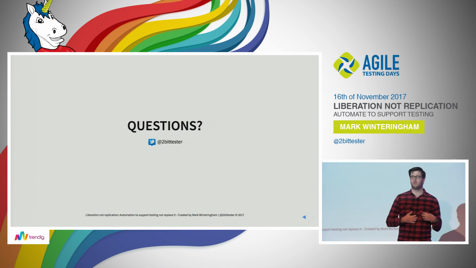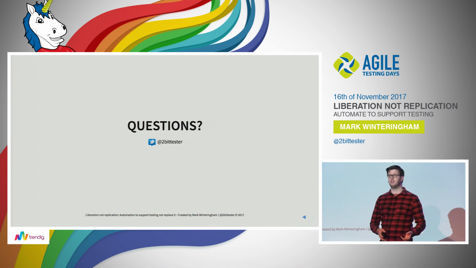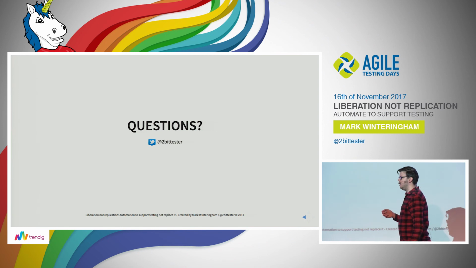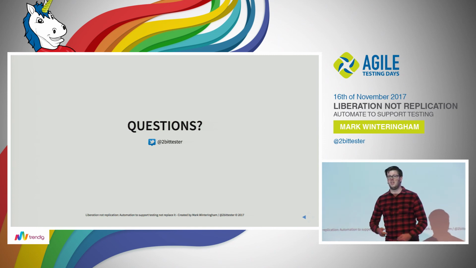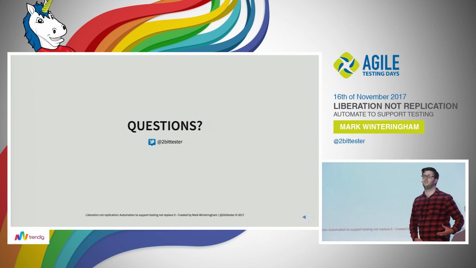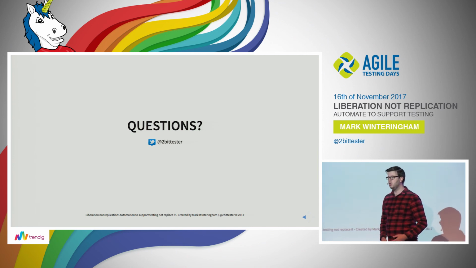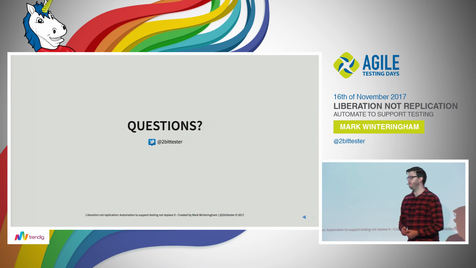But it may be that I'm not the one who's actually automating it. One of the biggest and most useful tools I've found when it comes to building regression checking is pairing. Pairing and mobbing is so valuable, because you're sharing that information with other people, and also you're allowing other people to get involved and contribute towards it.